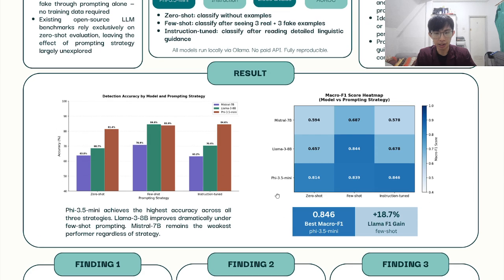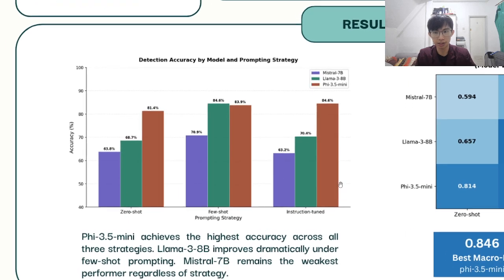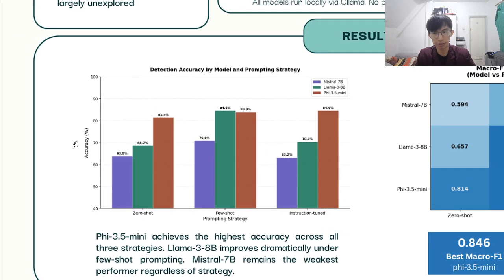So here's the result. There are two main charts. We're going to start from here. This is the accuracy across all of the models and all of the strategies. I also want to mention that the accuracy scores and the error scores that we gained in this experiment are actually the same, so you can see this accuracy as our error as well, because it's basically the same value in this experiment.